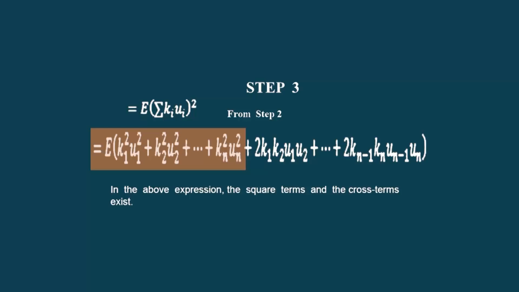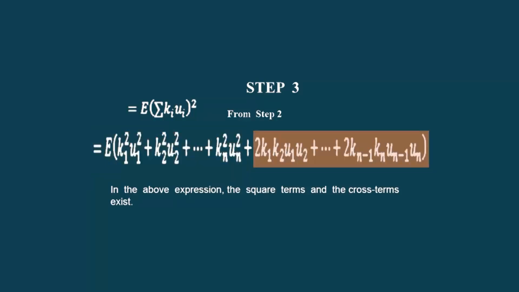These are the own terms in this expression. After these own terms, we get the cross terms, which means 2 k1 k2 u1 u2, and it continues to the last term, related to un minus 1 and un.